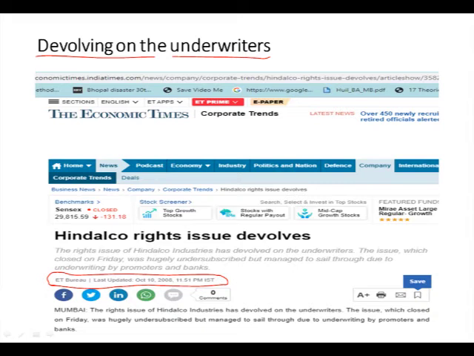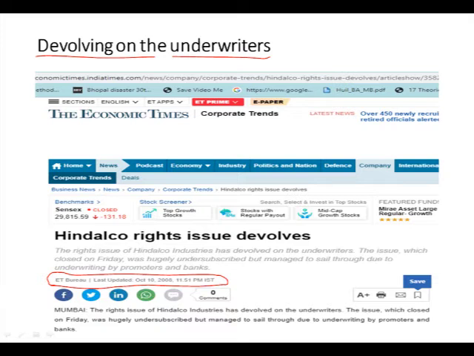So this is the news in the Economic Times in 2008, that Hindalco rights issue devolves. It means that it's not always that the underwriters manage to sell the whole of the issue, but sometimes they are not able to sell it.